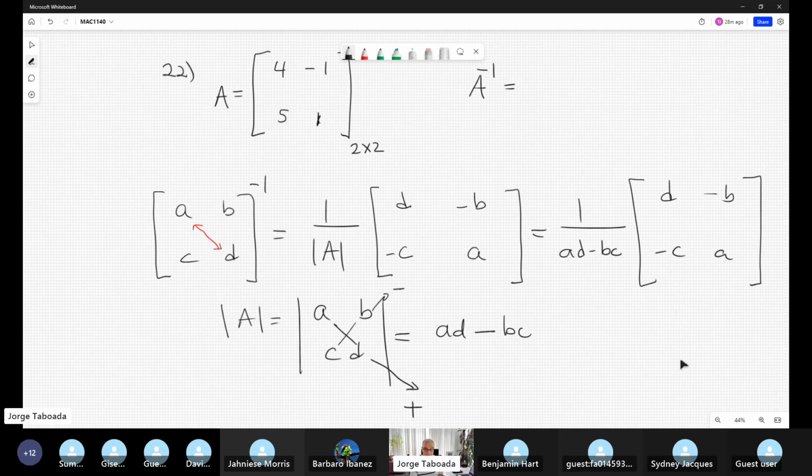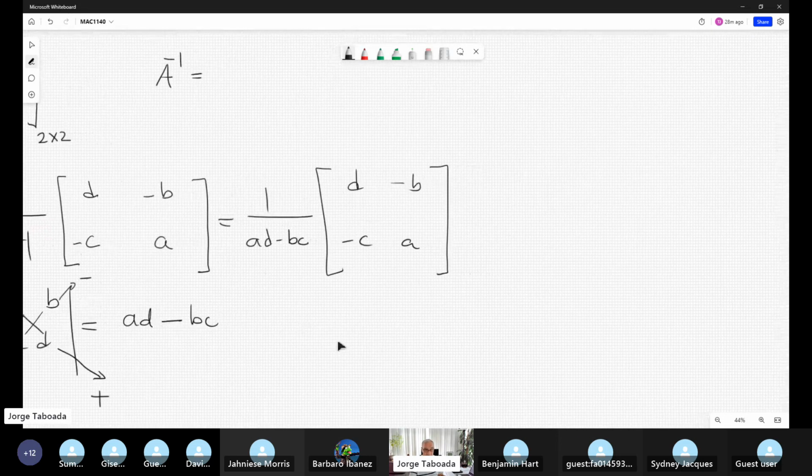Then you say, wow, it's weird, Professor. I know it's weird. But this is a scalar. Remember the multiplication of a matrix by a scalar: you multiply one by one. It's different from the determinant.